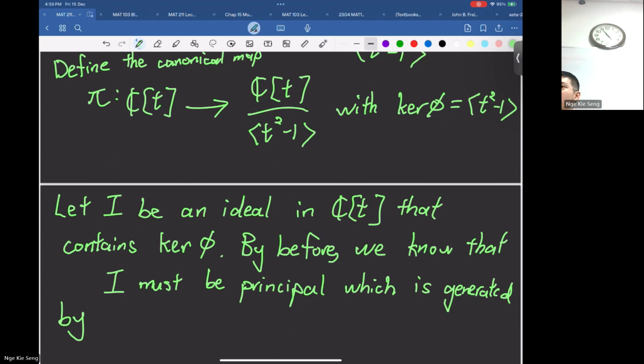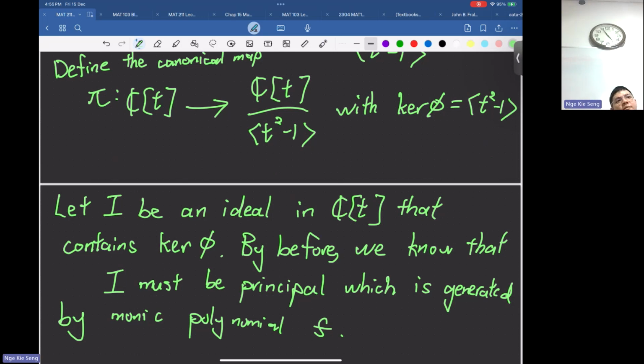Monic polynomial. Again, monic polynomial. Let's call it F. It's generated by a monic polynomial F.